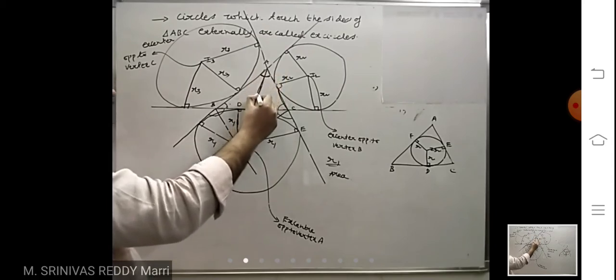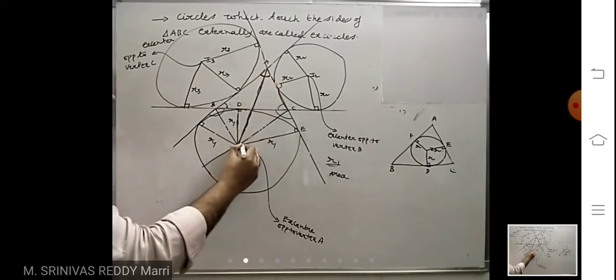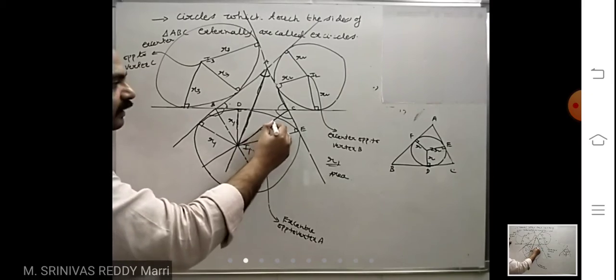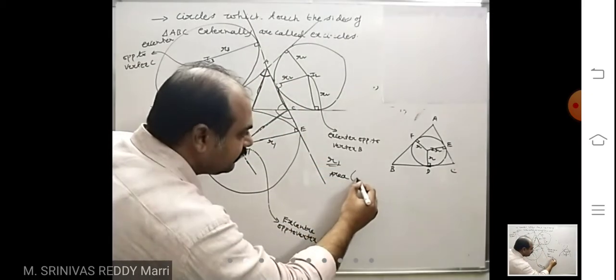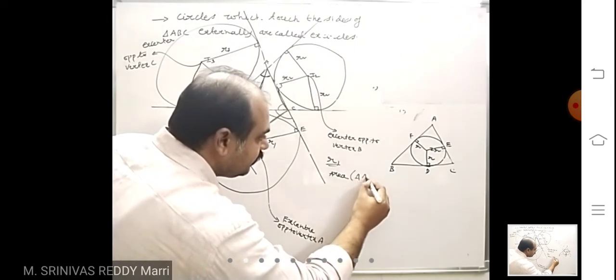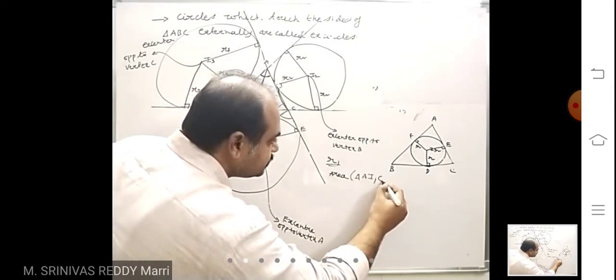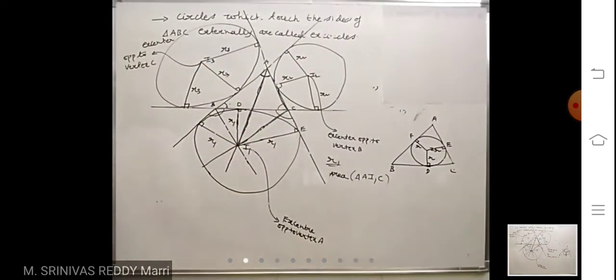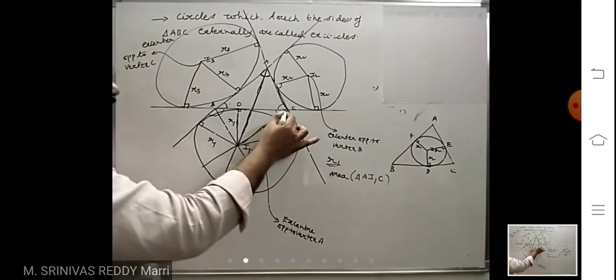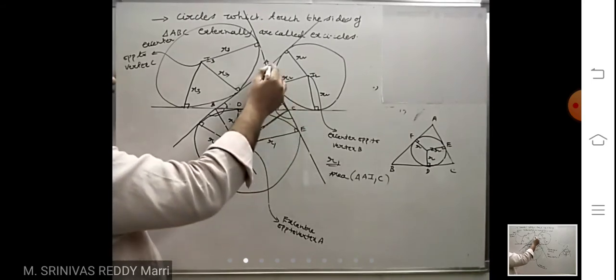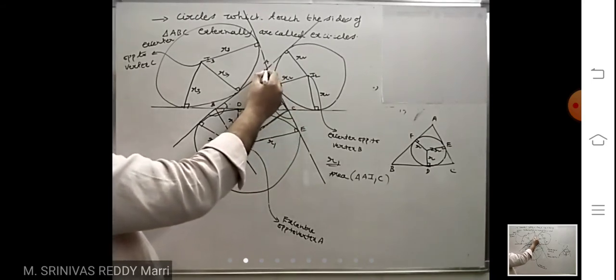I am showing you triangle AI1C. This is the triangle. Area of triangle AI1C plus area of triangle AI1B.